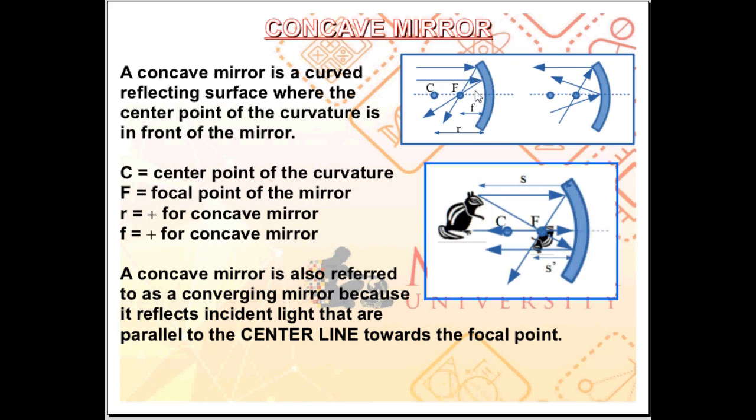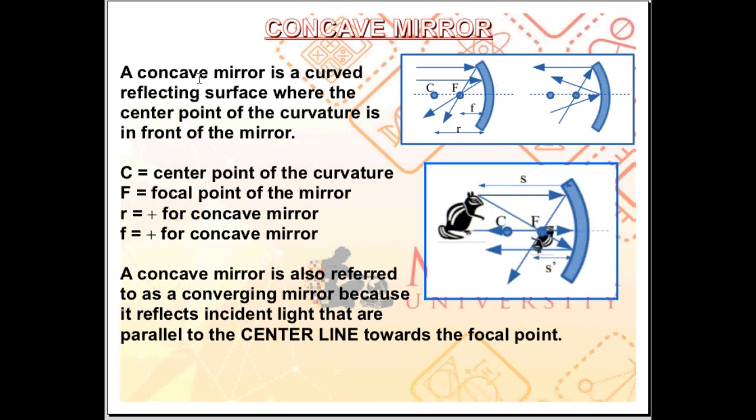For a concave mirror, the radius of curvature is positive, which means the focal length is also positive. Focal length tells us the location of the focal point.